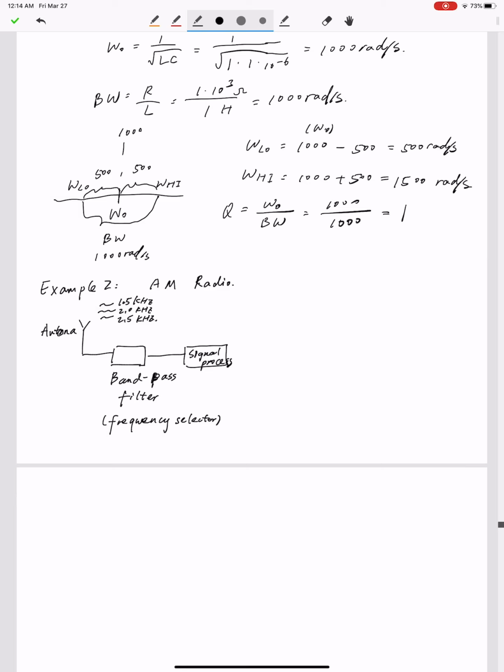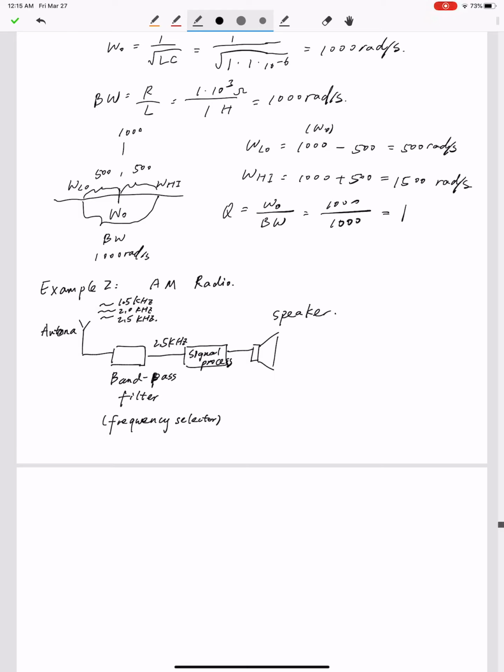Let's say we want to listen to the signal at 2.5 kilohertz. After the 2.5 kilohertz signal passes through the signal processing module, the signal will be transmitted to a speaker, and we can listen to the pure signal from this radio station, right?